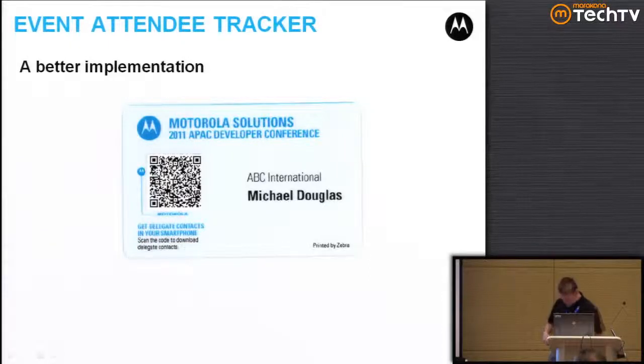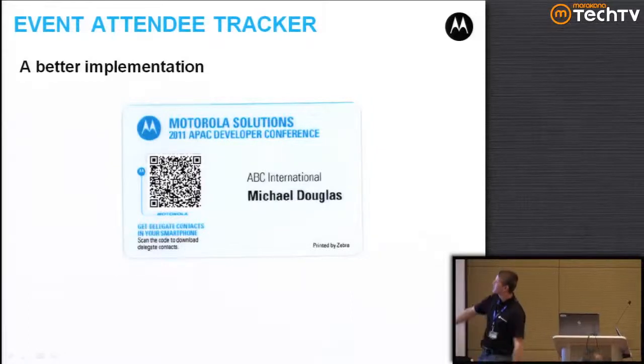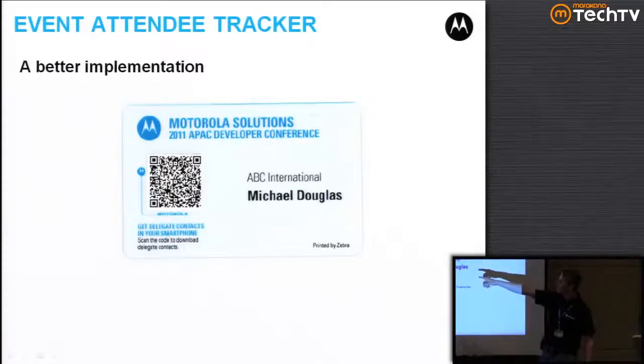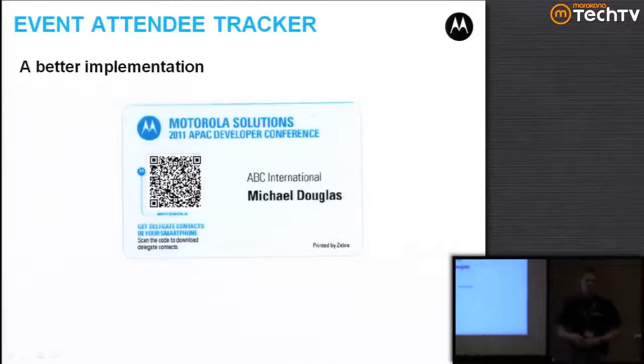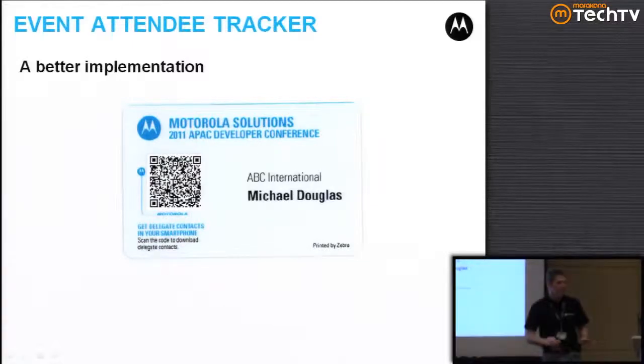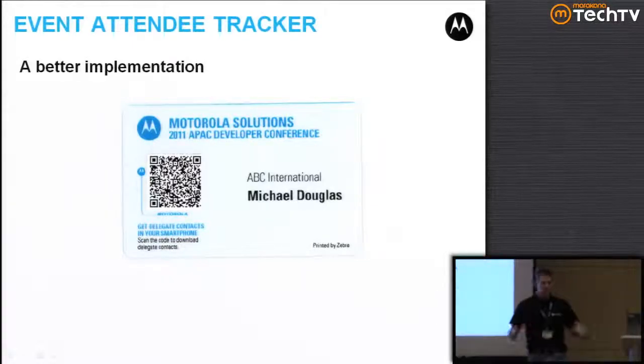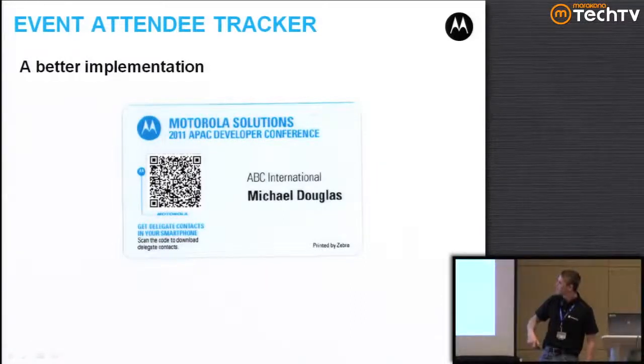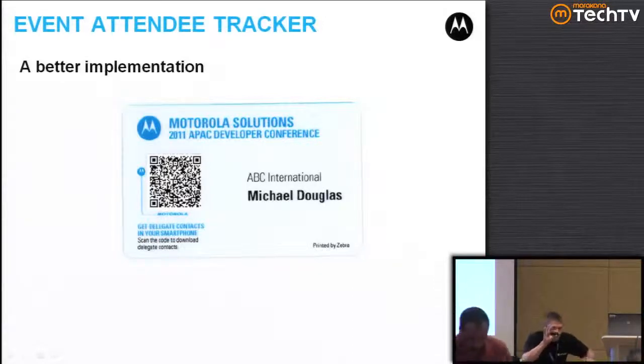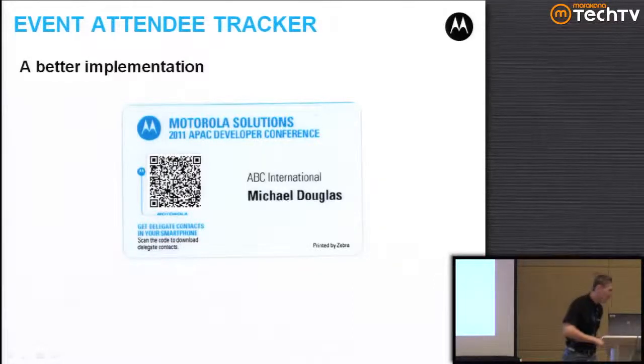If you look at your badges, everyone's got a little barcode on the badge. I don't know what's in that barcode, but at the APAC developer conference, which I wasn't invited to, they had a QR code on their name badge. So the idea was you could meet someone, and rather than say, can I have your business card, when you don't have them on you for whatever reason, which happened to me numerous times the other day, you can just say, scan my badge, and you have the rather awkward, let me just get down here and scan your badge with my phone.